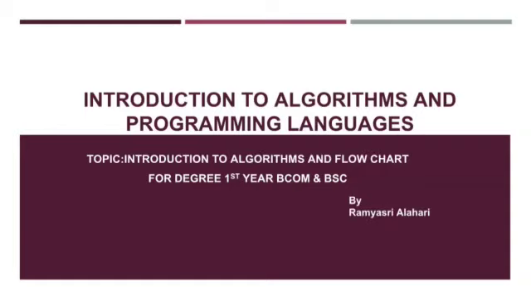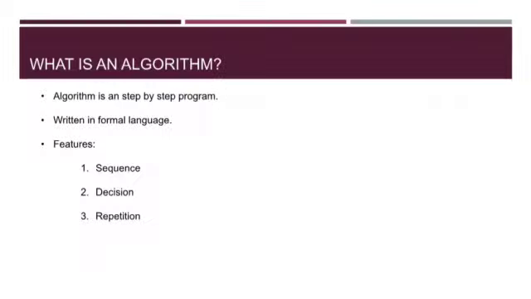First of all, what is an algorithm? An algorithm is a step-by-step procedure to solve a given problem. It gives the logic of the program, and that can be written in a formal language, that is English. Through the algorithm, the programmer can develop a program in any high-level programming language like C, C++, Java and so on.